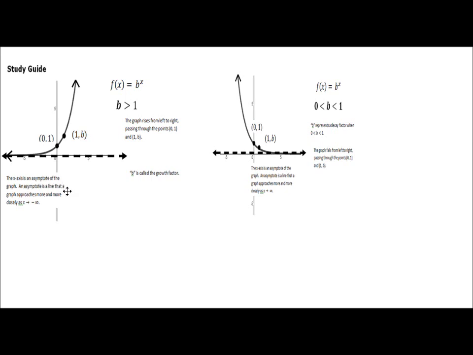An asymptote is a line that a graph approaches more and more closely as x is approaching negative infinity. So this is how an asymptote is defined. In this case, we are saying as x tends to negative infinity because we're going to the left side of the coordinate plane, which is all negative values.